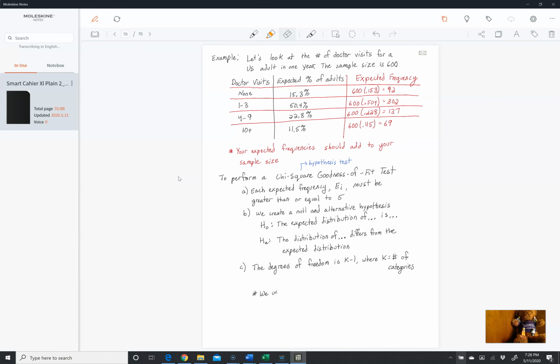And we use the chi-square distribution chart. So this is a new distribution chart that we have not seen before.